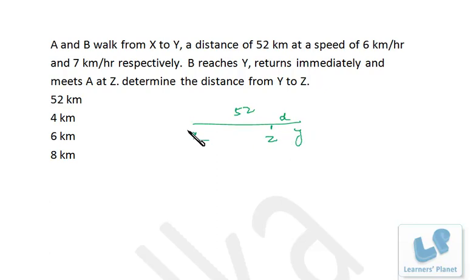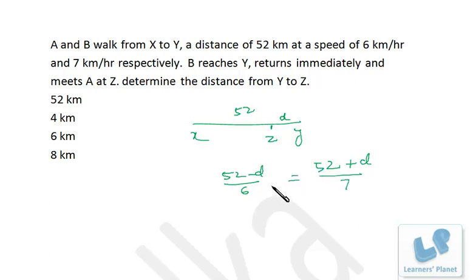Now, this person A is walking 52 minus d kilometers with a speed of 6 km per hour, and the other person B is covering the entire 52, then coming back d kilometers. So he covers 52 plus d kilometers with a speed of 7, right?